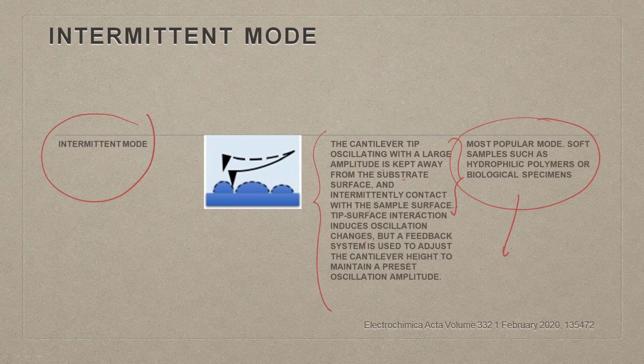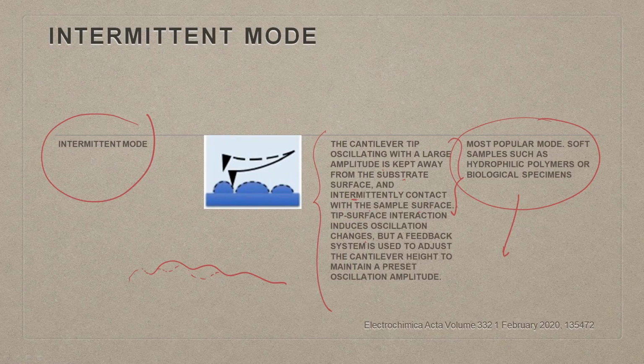So this is a very interesting thing. This is a situation where, say you remember in the first class I was telling you about the sample deformities, you can really pick up the deformities using intermittent mode. So while you are maintaining a reasonably constant distance between the substrate and the tip, there are times when you are, as it says, kept away from the substrate surface and intermittently contact the sample surface.